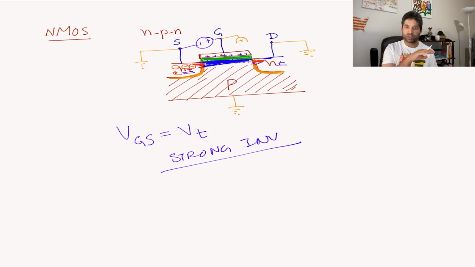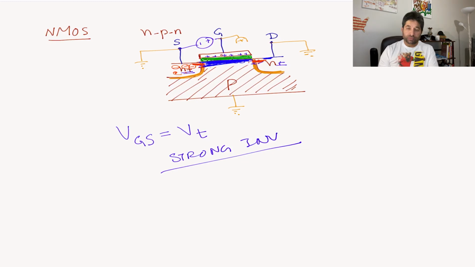Charge will flow at the same rate, so the current stays at the same value. That region is called the saturation region, where the transistor acts as a perfect current source. Current is flowing, and it doesn't matter what the drain voltage is.